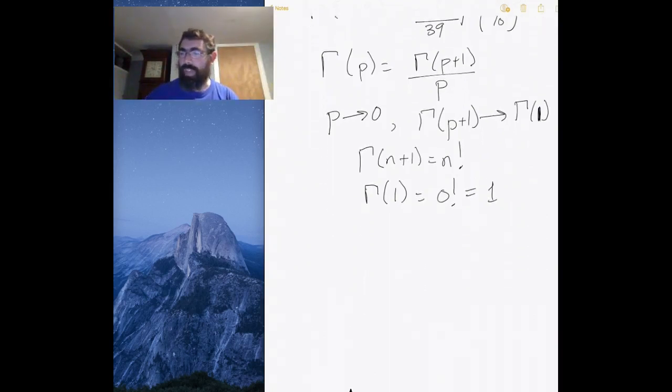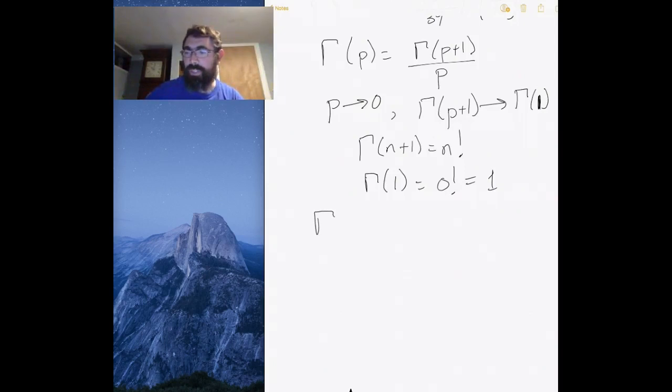So that means that gamma of p as it approaches 0 would be basically going to 1 divided by 0, which is essentially infinite.